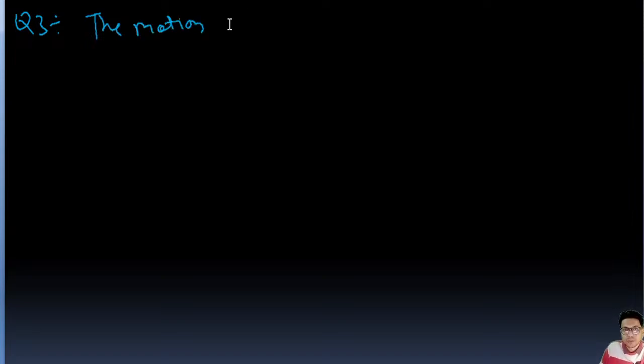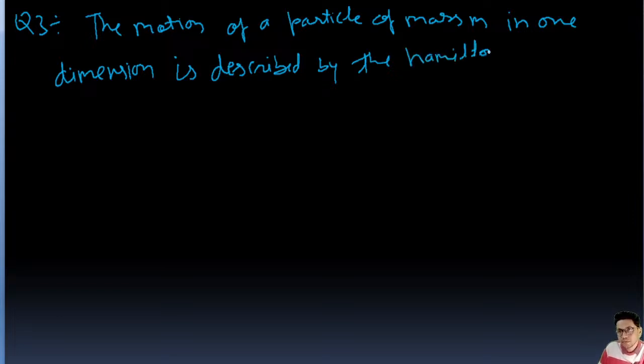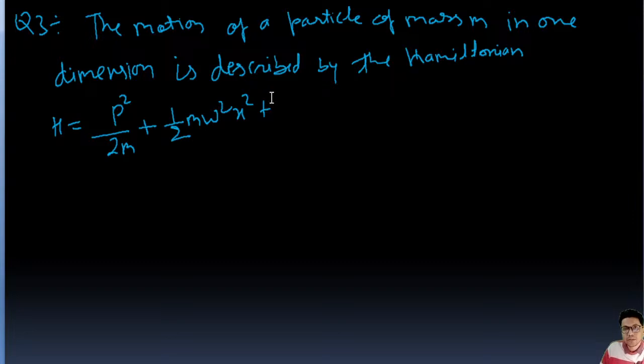The motion of a particle of mass m in one dimension is described by the Hamiltonian H equal to p square upon 2m plus half m omega square x square plus lambda x.